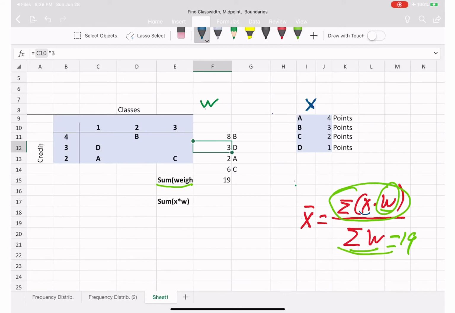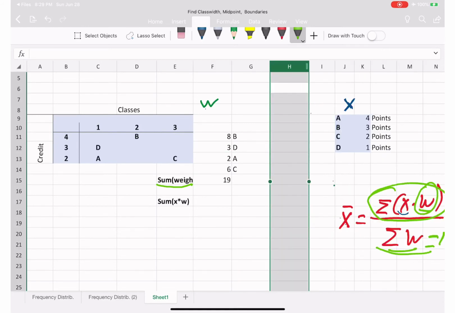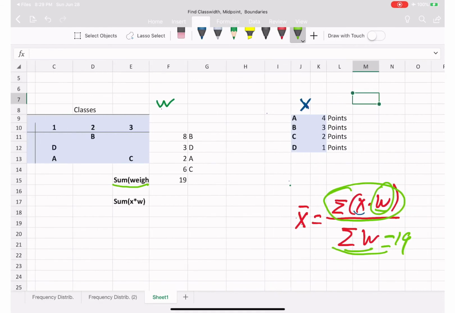So let me write down here. We are going to do the following: W times X. So let's do it.